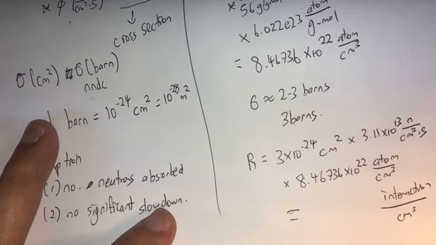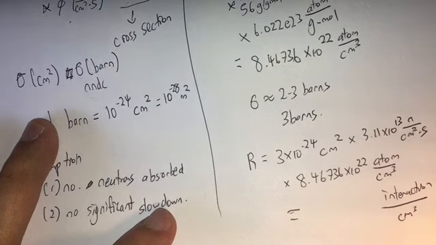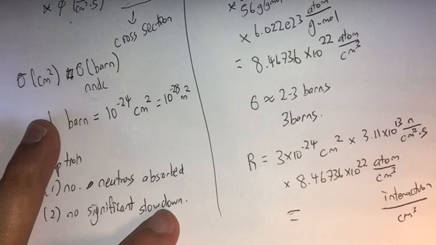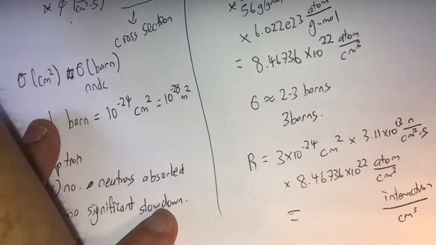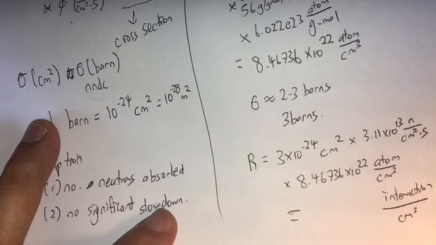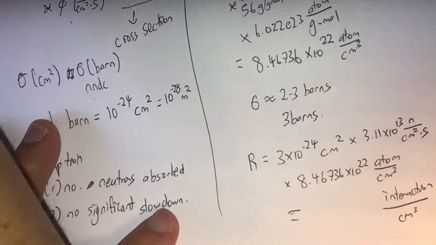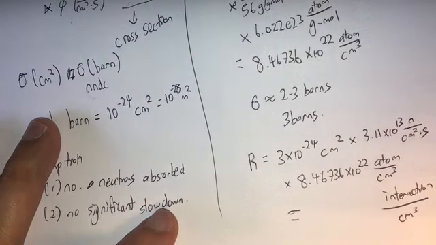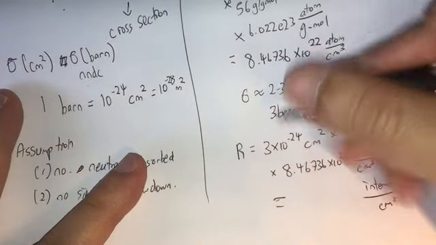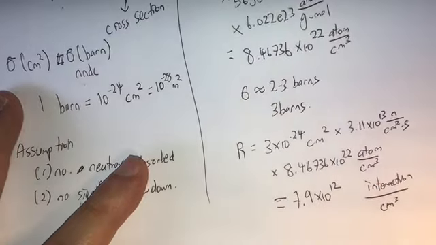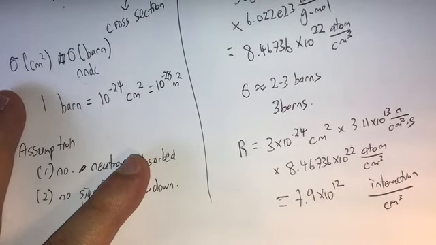Let's do some quick Excel: 3.11 10 to the 13, 3e minus 24. Let's take the product. 7.9 times 10 to the 12 interactions per cubic centimeter.